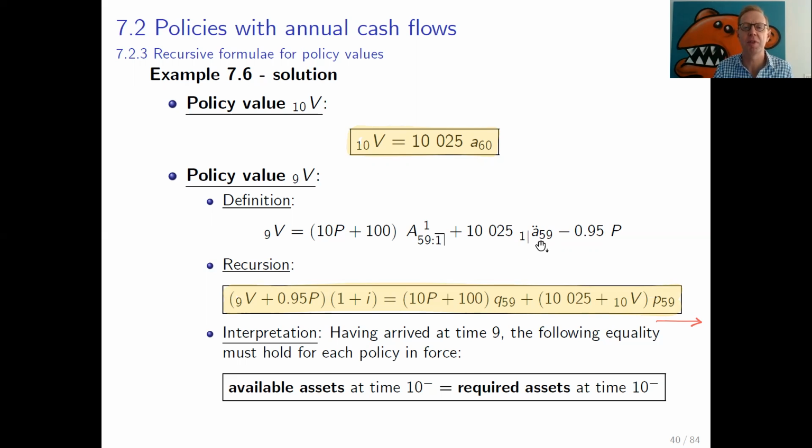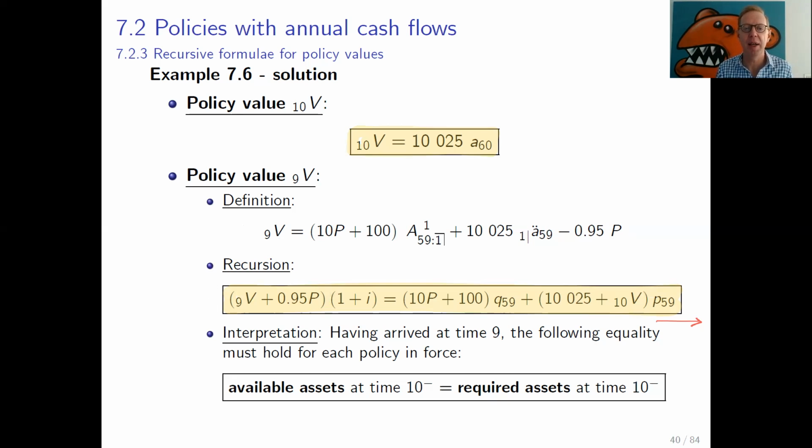That's an annuity on a person of age 59 that starts in 1 year, and the payment is 10,000 plus related expense 25. And then we have to withdraw all the premiums that still have to be paid. The actuarial value is 0.95 P, because there is only one premium to be paid and there is an expense of 5% related to that premium. Then, reshuffling this expression a little bit, you get this recursion.